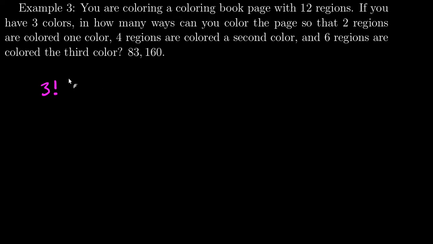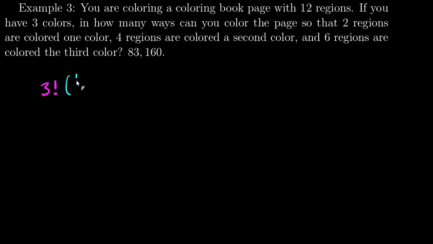So I start off with 12 regions. And from those 12 regions, I want to choose 2 of them to be color 1. So 12 choose 2. Once I've colored 2 of them color 1, and actually let me change the colors so I can talk about this better.